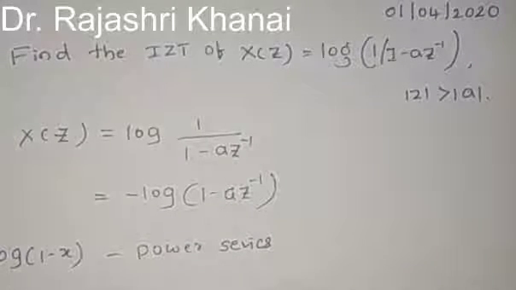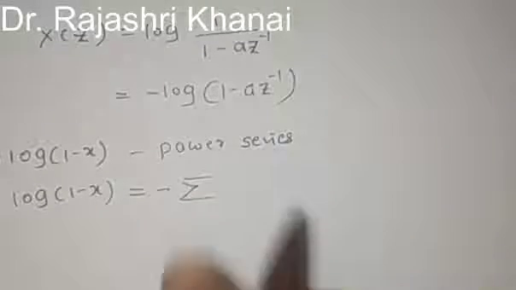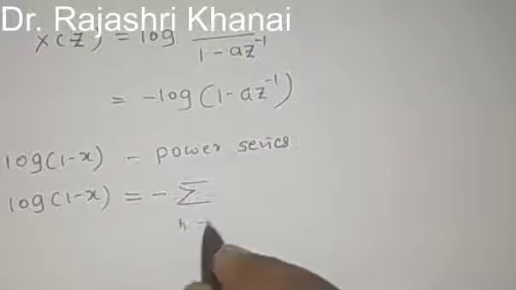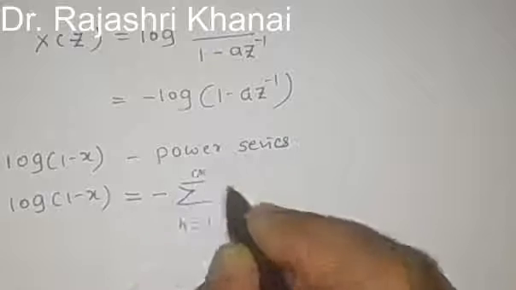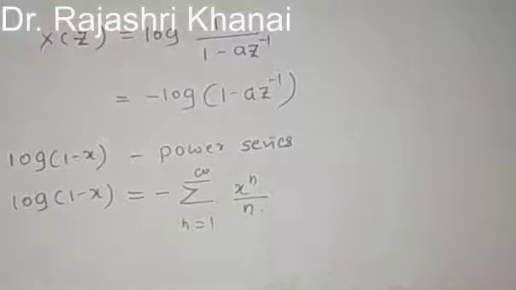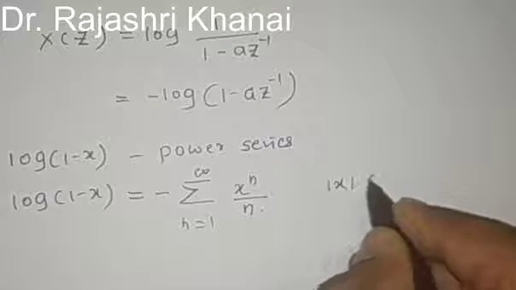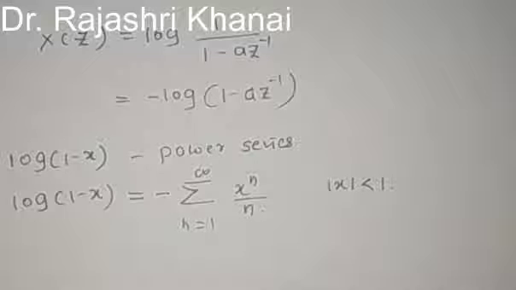I can write log of 1 minus x as equal to minus summation n ranging from 1 to infinity x raised to n divided by n, where magnitude of x is less than 1.